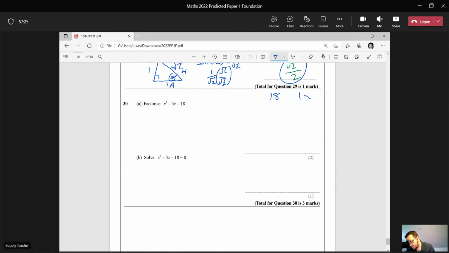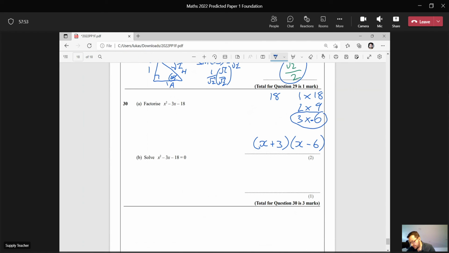So there's always 1 times 18, 2 times 9, 3 times 6. Now to get minus 18, one of these has got to be a minus. And remember, I'm trying to get to minus 3. So I'm thinking this pair might be good, and because it's a minus, it's going to be the bigger number that's a minus. Okay, so this factorised, we've got 3 and minus 6, that's going to be x plus 3 and x minus 6, like that.